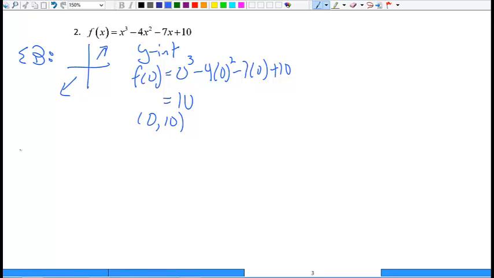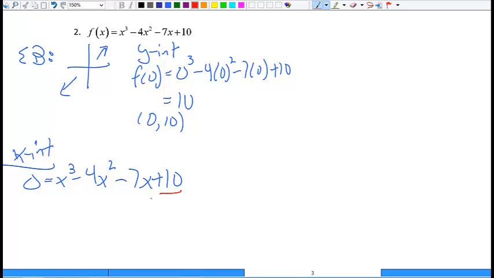Then we're going to go with the x-intercept. And I notice that this is not factorable by grouping. So this is where the rational roots theorem is going to come in, in that I want to take a look at what are the possible whole numbers that I could try. So I'm looking at the first and last.